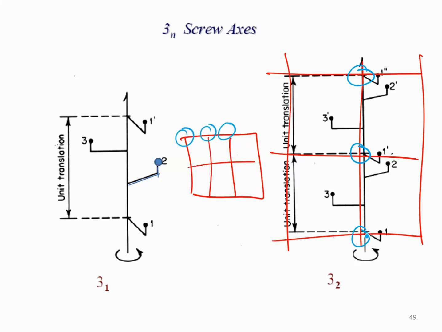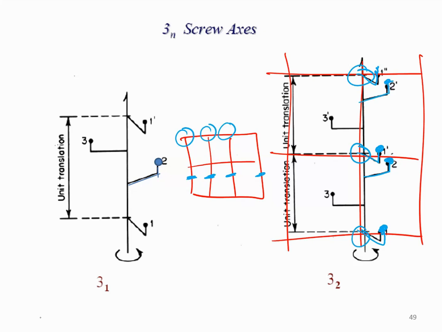So you have one atom here, then you also must have one atom here, and you also must have one atom here. So if I have one atom here, then you must always have another atom at the equivalent point, this point, this point, this point. That means if I have number 2 here, then I must always have number 2 here.